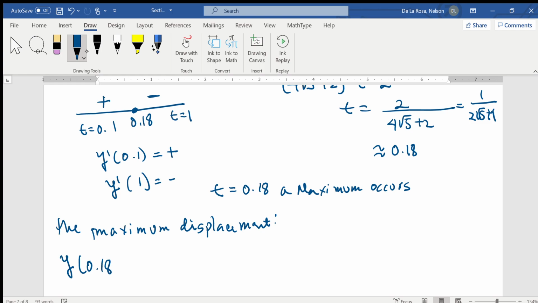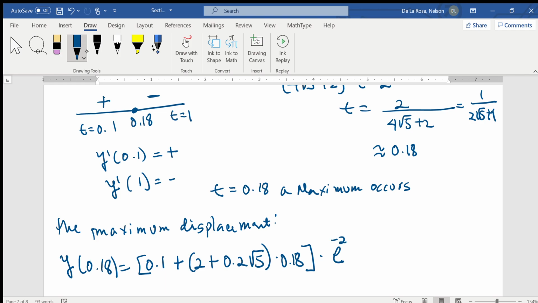So that will be, in the actual function, you replace 0.18, so that will be 0.1 plus 2 plus 0.2 square root of 5 times 0.18 times the exponential, which is e to the negative 2 square root of 5 times t, but t happens to be 0.18.